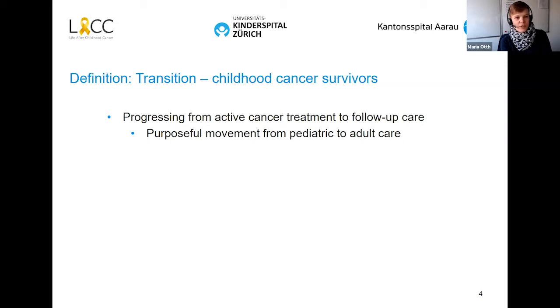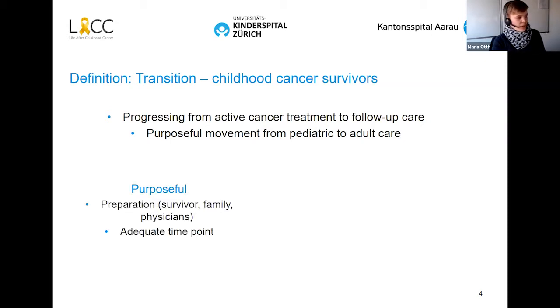These two words are really important, because transition really should be purposeful, meaning it needs preparation of the survivors, but equally important, it also needs preparation of the family, the parents, and the adult physicians they transition to.